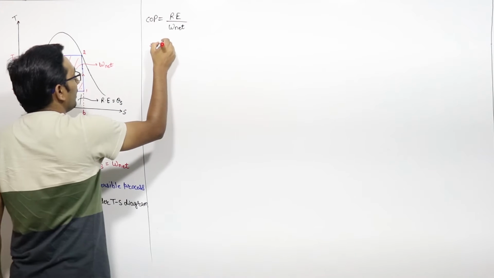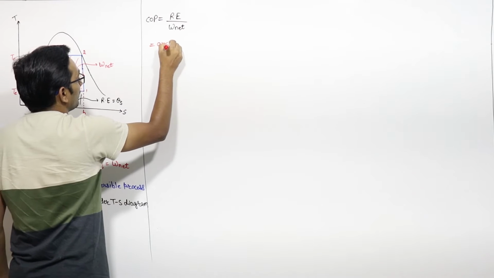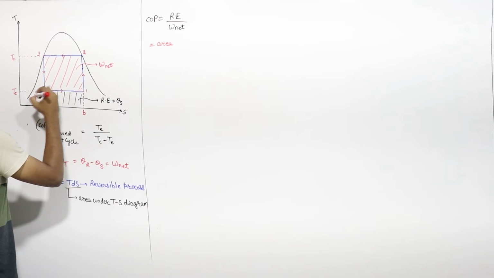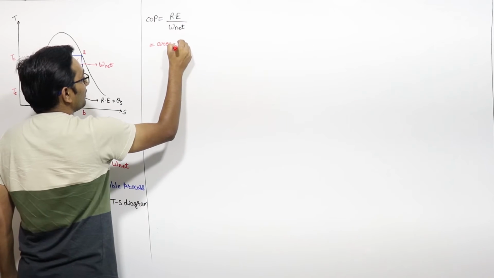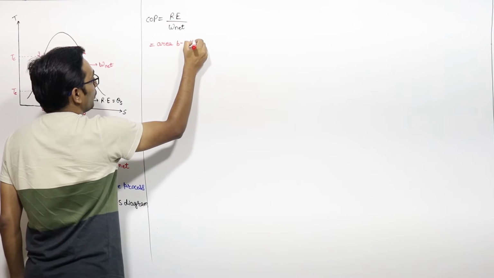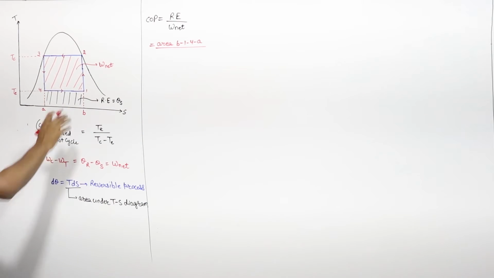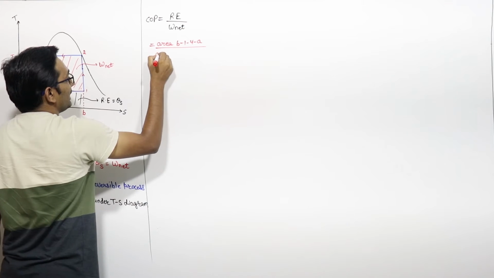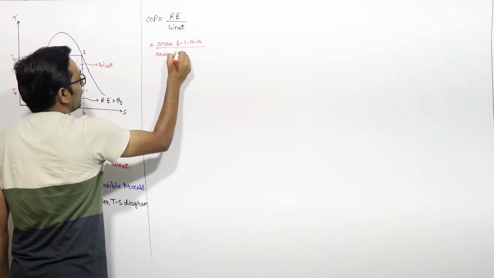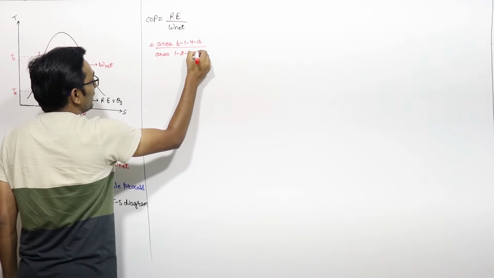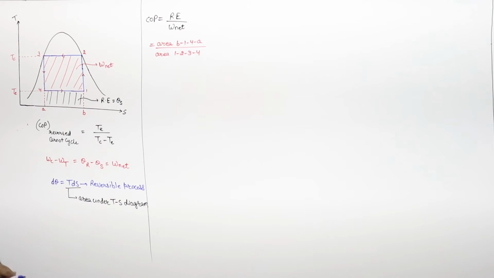This is the area B14A divided by net work done. Net work done is this area, that is area of this 1, 2, 3, 4. This is the COP of this reversed Carnot cycle on the vapor compression system, right?